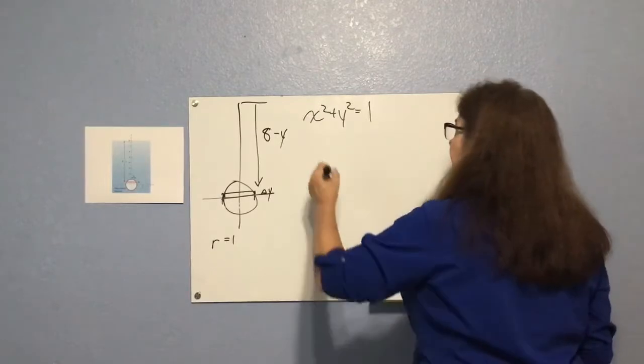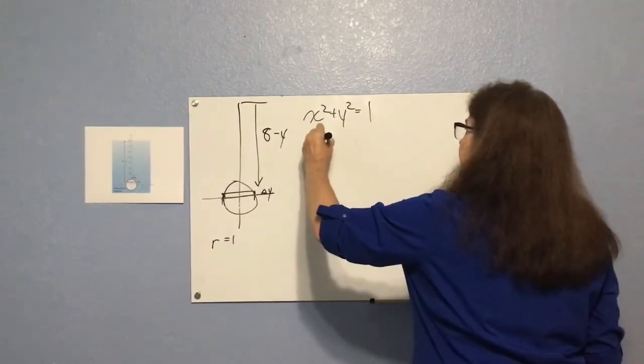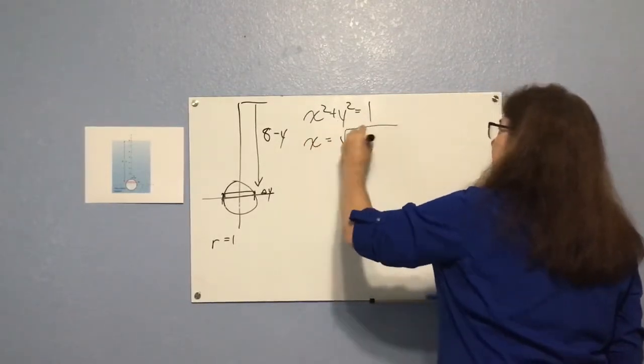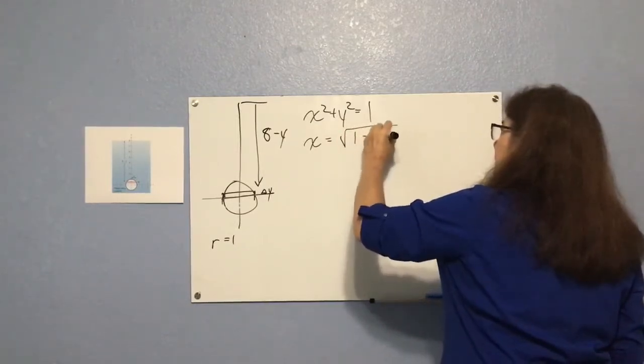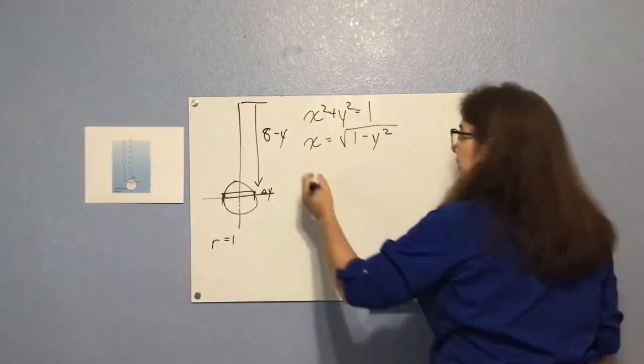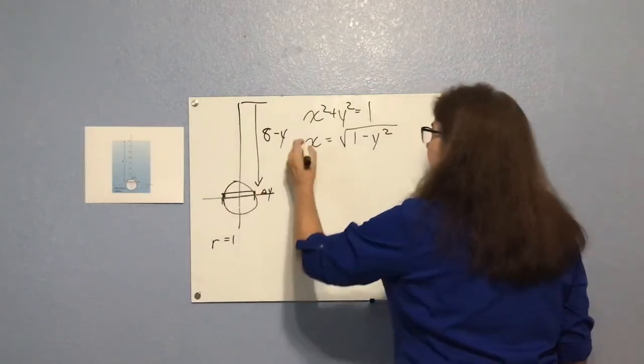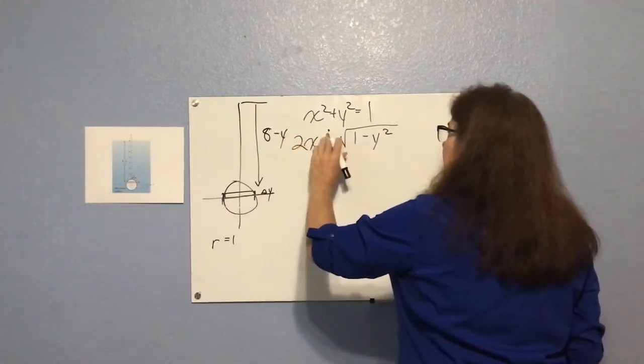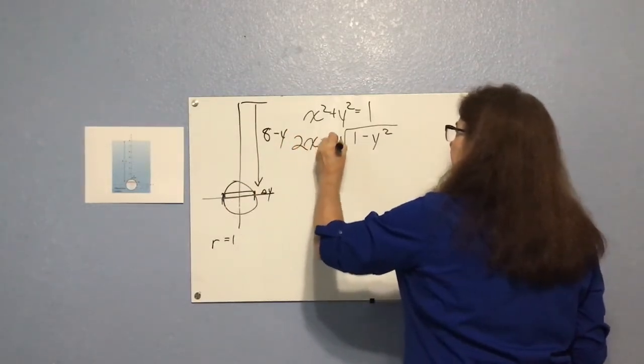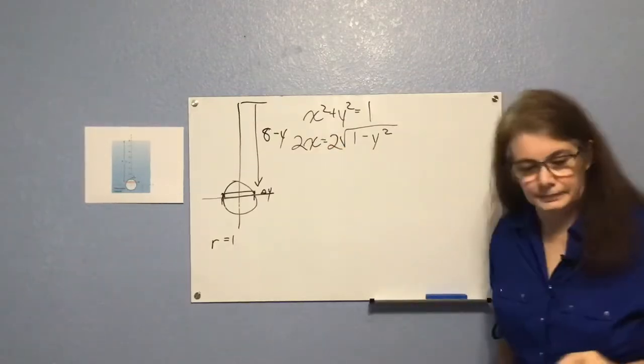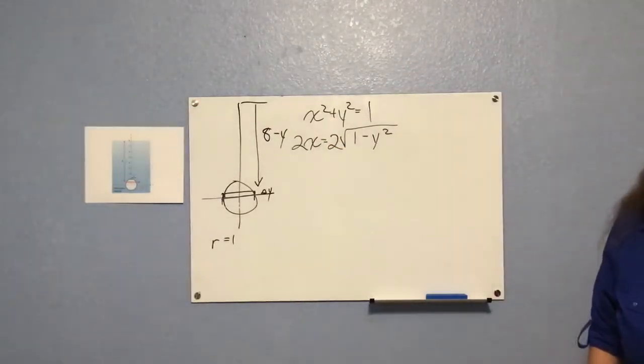And solve that for x. Get x equals the square root of 1 minus y squared. But again, x is only half of that rectangle, so this is going to be 2 times that. And that'll be our L of y.